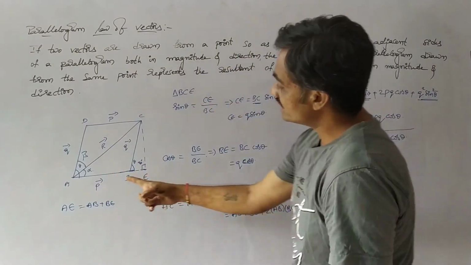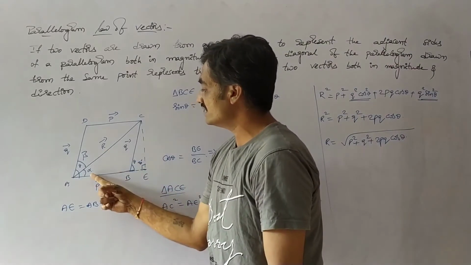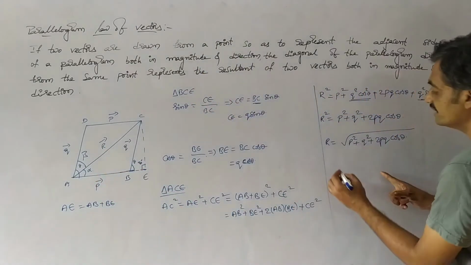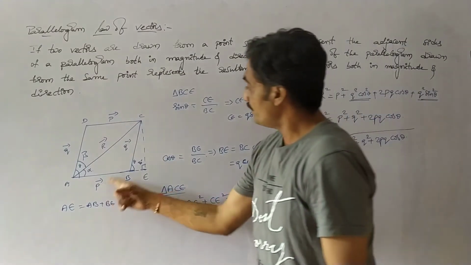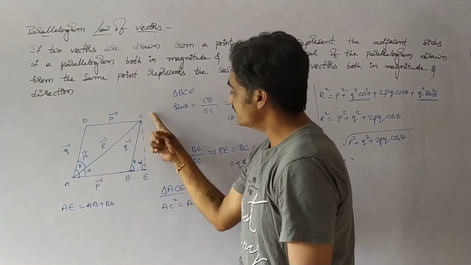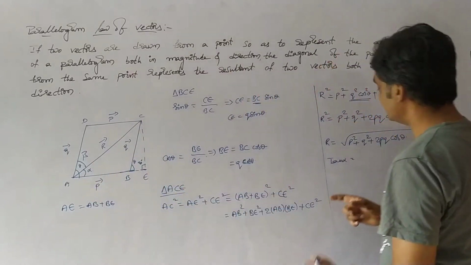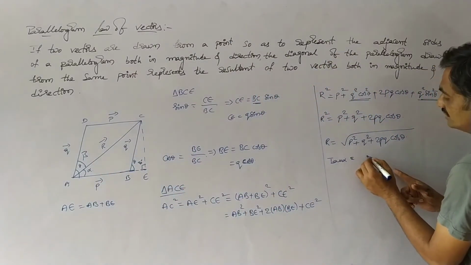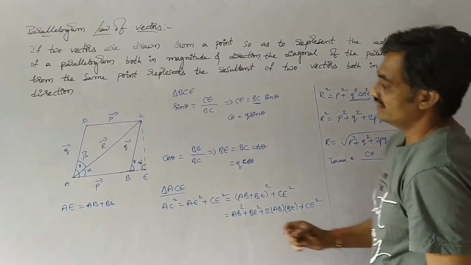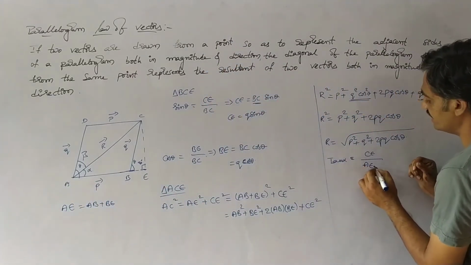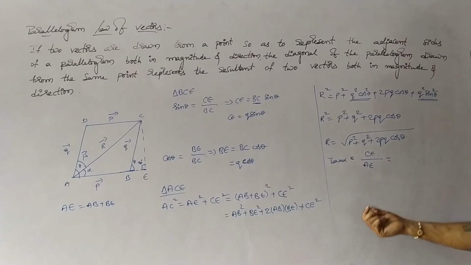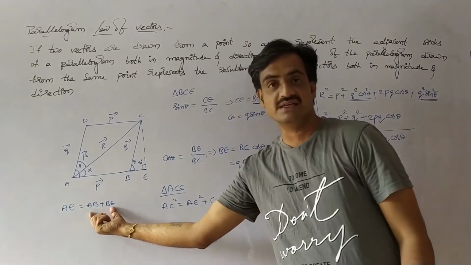The direction is represented based on the first vector P as well as the resultant. Observe that the angle between the first vector and the resultant is alpha. Then tan alpha equals the opposite side over the adjacent side from this triangle ACE: tan alpha equals CE by AE, and AE can be split into AB plus BE.